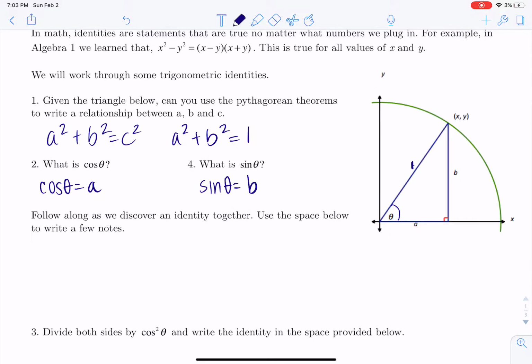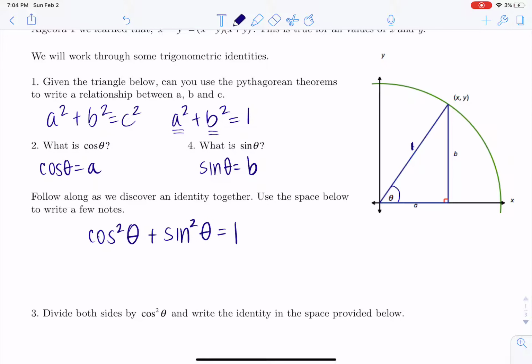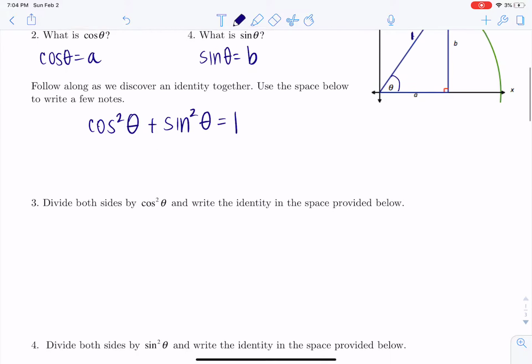So we'll call them A and B. So I know, instead of writing A squared and B squared, that cosine squared theta plus sine squared theta is equal to 1 if I substitute cosine and sine in for this A and B up here. So that is the first big Pythagorean identity that we have when working with sine and cosine.